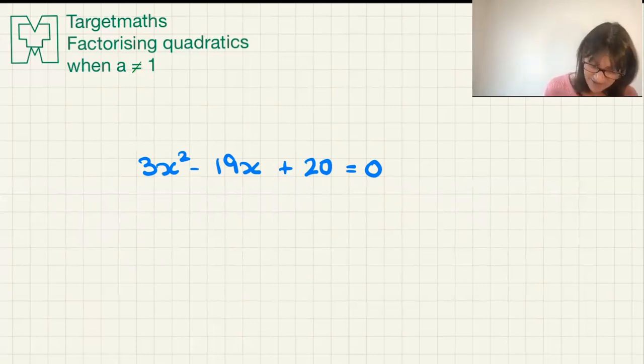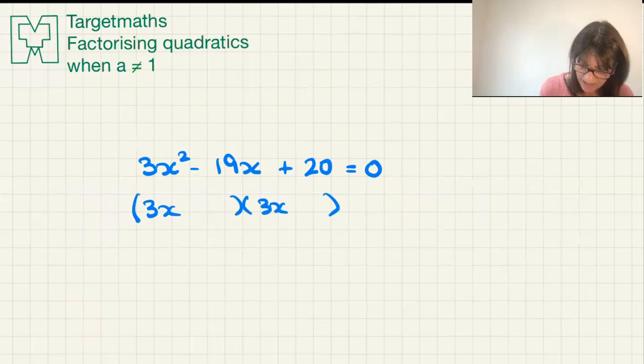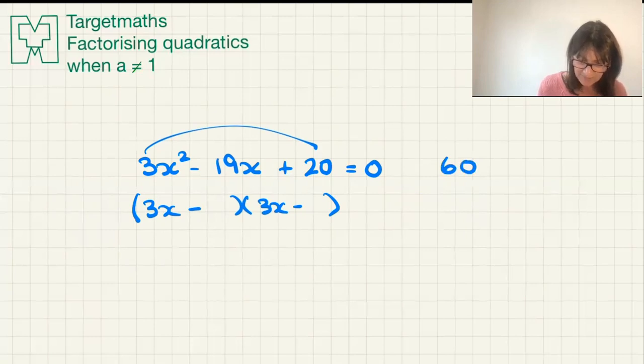All right, so this one, it's 3x. We have got neg pos, so we've got neg. I think I've done that on every question. 3 times 20 is 60. I want to make 19, so I am going to need 15 and 4.